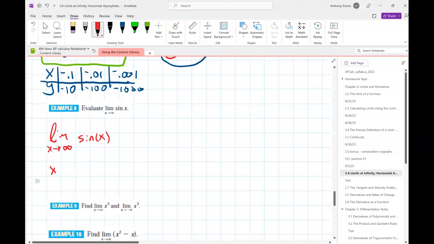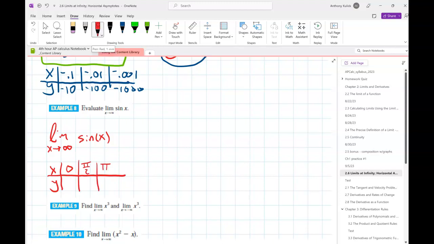What values of x do you want to pick? Probably 0. Pi over 2. Do you want to do another one that's small? We're going to positive infinity here, folks.